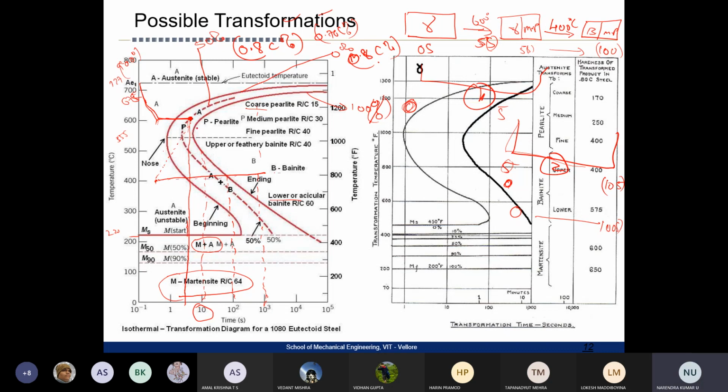Generally it is shown as a straight line and then you go dotted at the back, but you can do this also, it's still fine. Then the transformation occurs and you get this bainite and medium perlite. Coarse perlite, medium perlite, fine perlite, the structure is already known to you. You have alternate grains of alpha plus Fe3C.